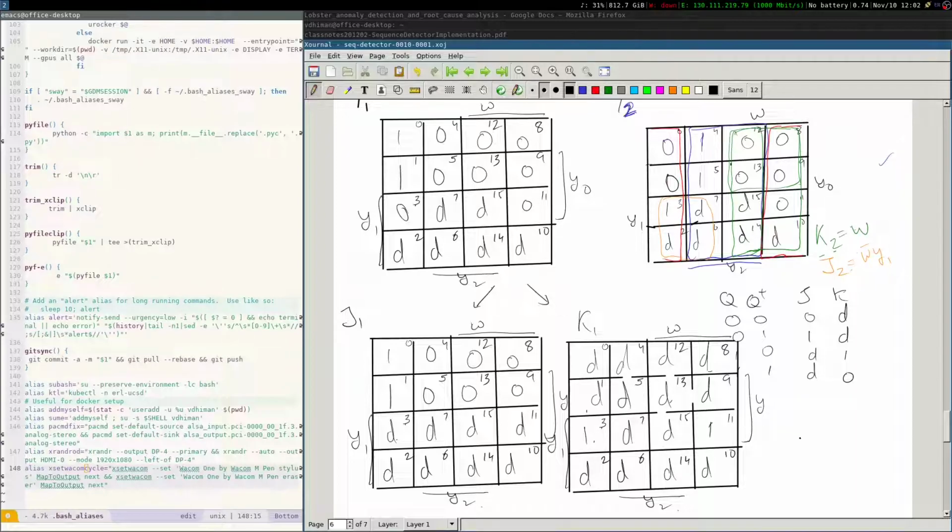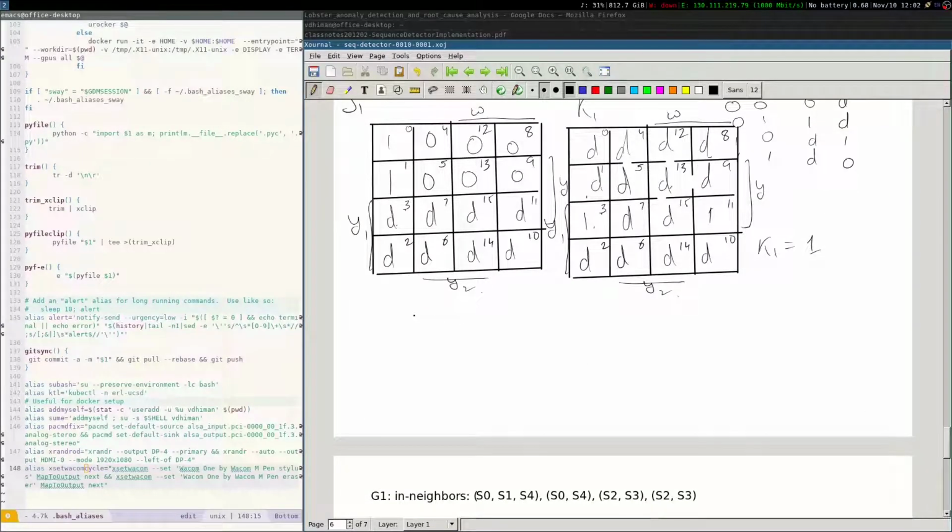And this just gives us K1 equal to 1, and this gives us J1 as this big group, which is W bar Y2 bar.